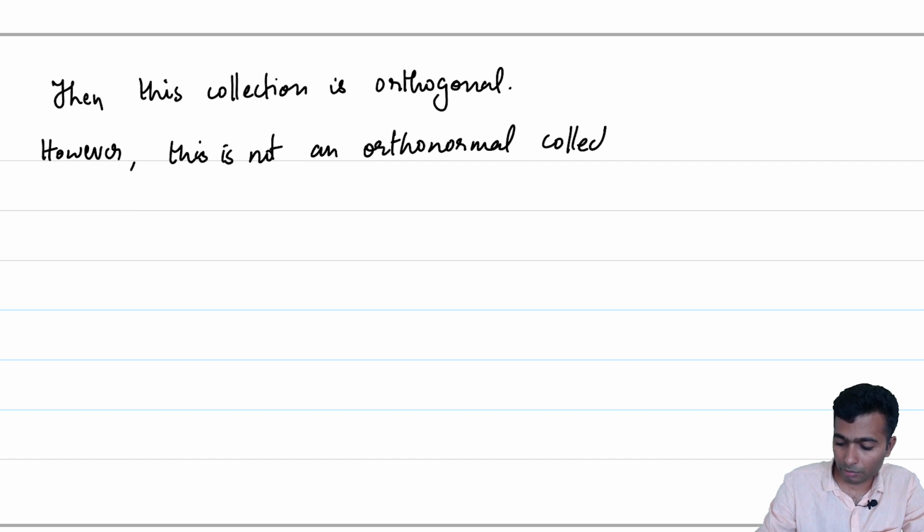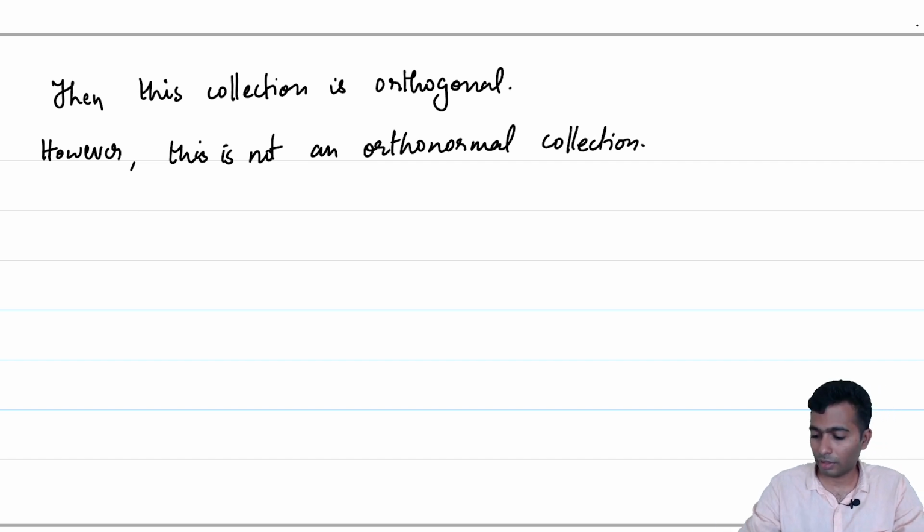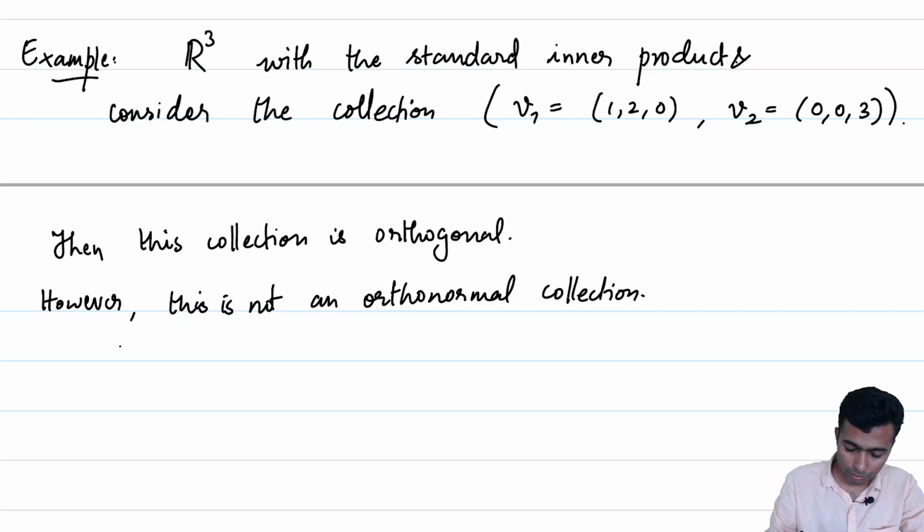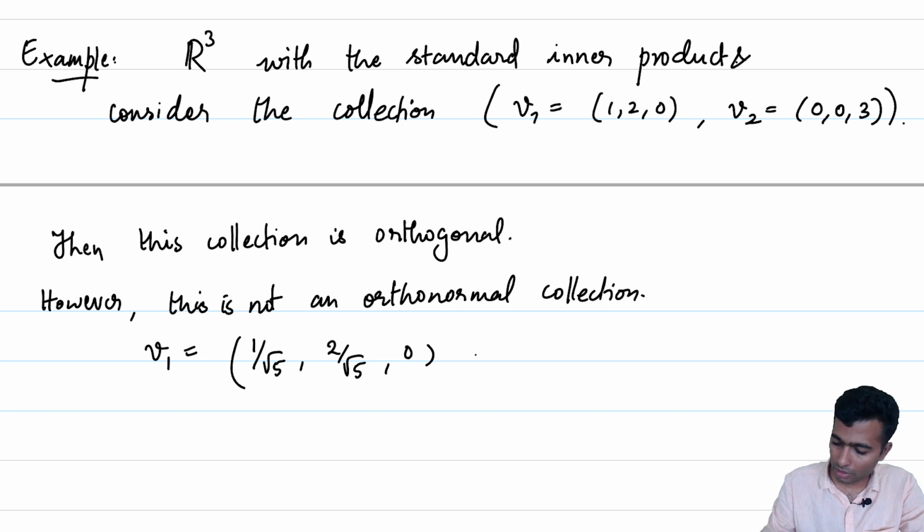What would be an orthonormal collection? Let's see. Maybe v1 equal to (1 by square root of 5, 2 by square root of 5, 0) and v2 equal to (0, 0, 1).